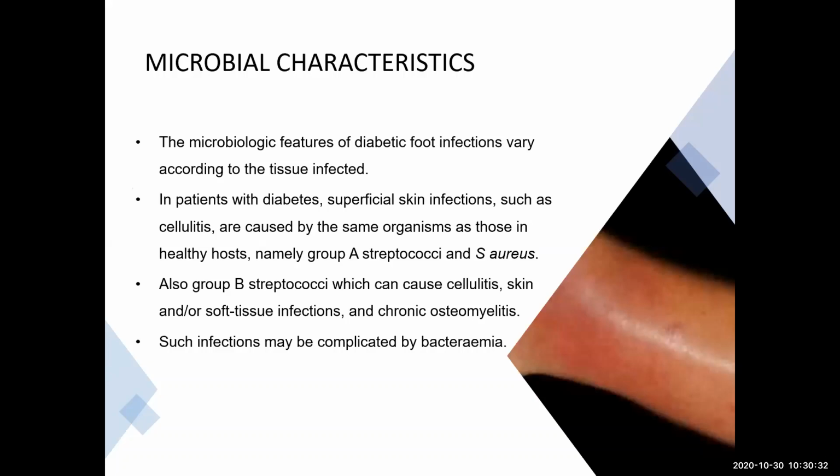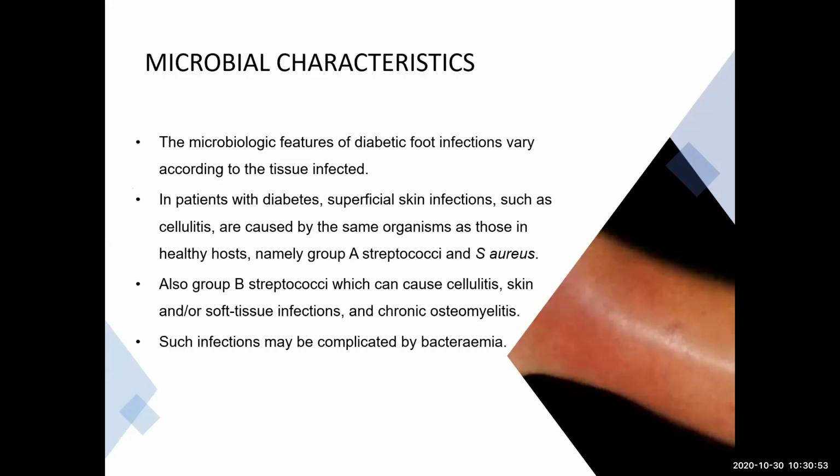One of our main enemies in the diabetic foot is the bacteria. Usually the bacteria are virulent and the patient is immunocompromised, so the battle is not fair. The microbiological feature of diabetic foot is variable.